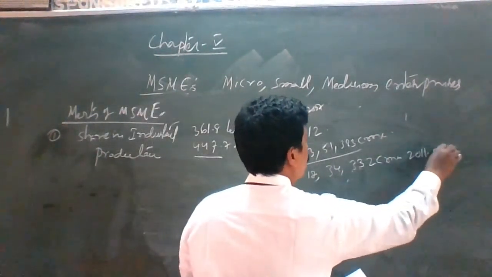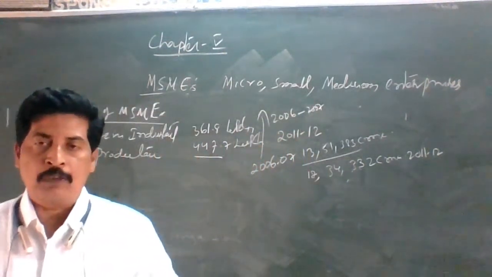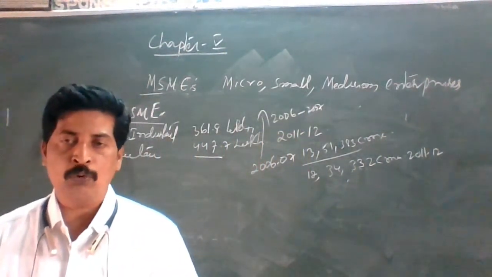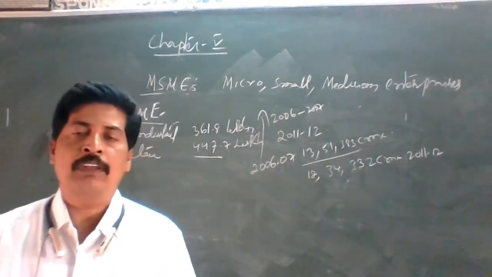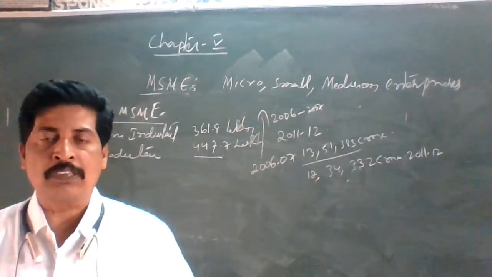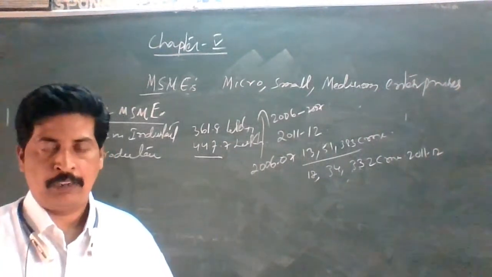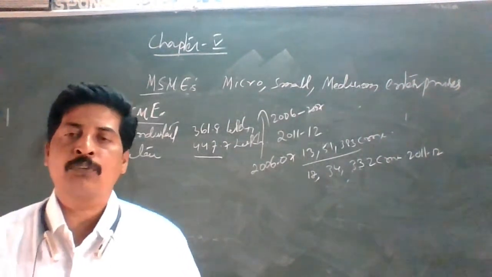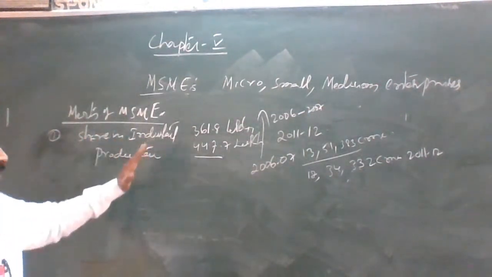So in terms of number of units, micro, small and medium enterprises have increased tremendously from 2006 and 2007 to 2011 and 2012. At the same time, the production level has also increased. So this is all about the share of industrial output.